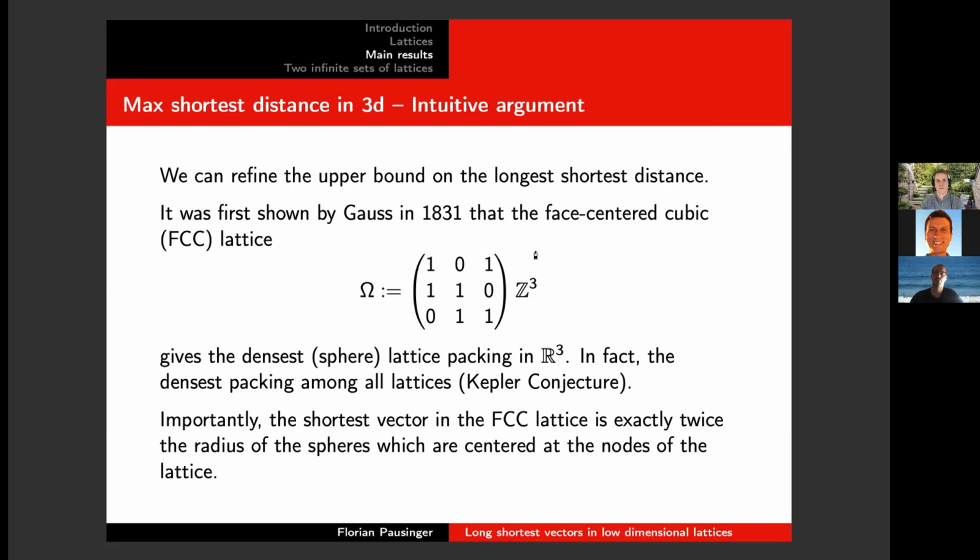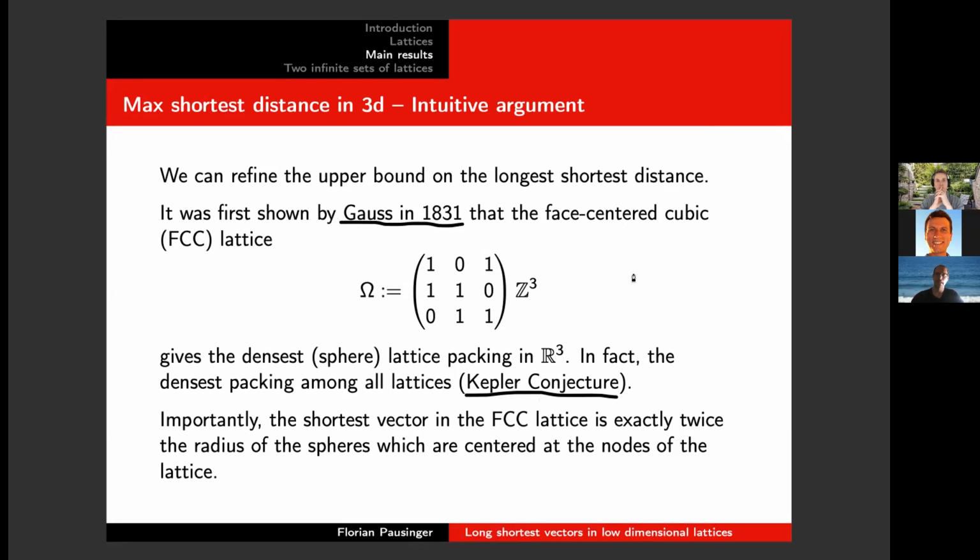And this goes back actually to very famous work of Gauss, who showed that the face-centered cubic lattice, the FCC lattice, gives the densest sphere lattice packing in R3. And later, it was also shown that this actually gives the densest packing among all lattices. So this is the famous Kepler conjecture, which was recently resolved.